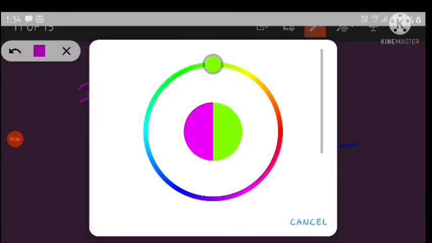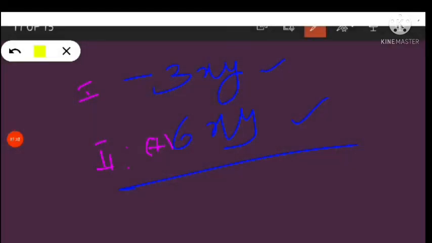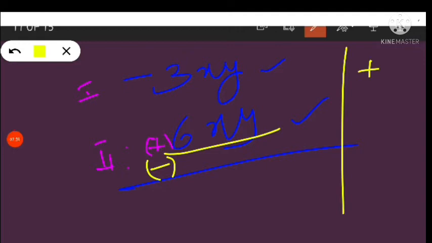Now in order to subtract this, we need to change the sign of the second expression. We have a plus sign, so we need to change it to minus, because as I have mentioned, if the second expression has a plus sign, we should change it to minus, and if it has a minus sign, we should change it to plus.